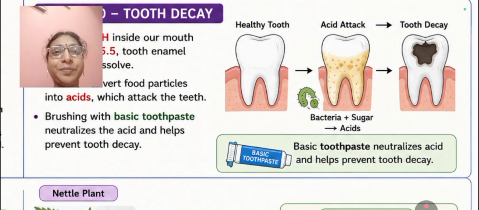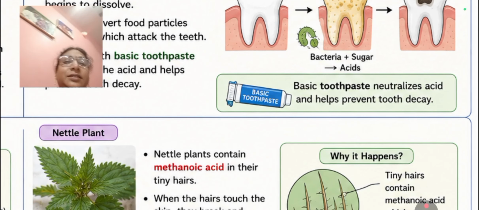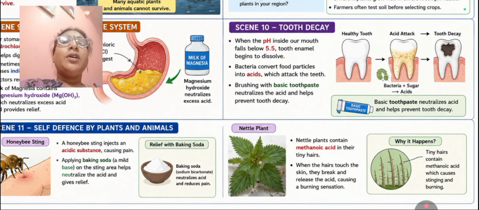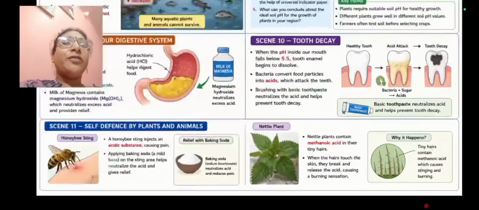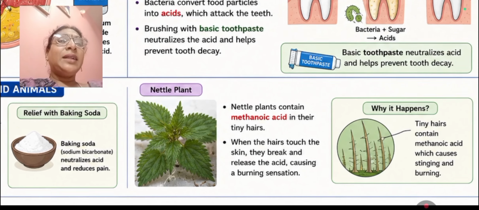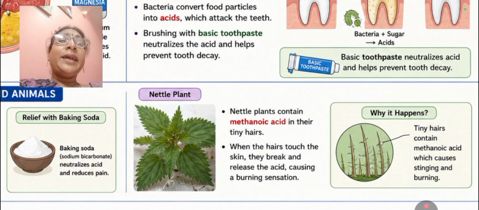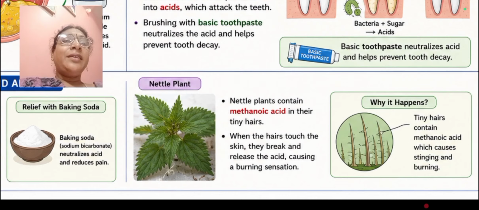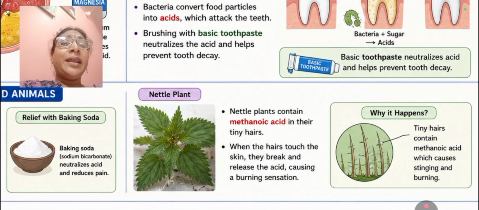Next, these are the uses of pH in our daily life. Now, the nettle plant contains methanoic acid in its tiny hairs. When the hairs touch the skin, they break and release the acid, causing a burning sensation.